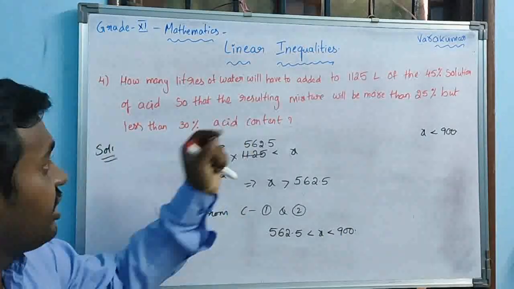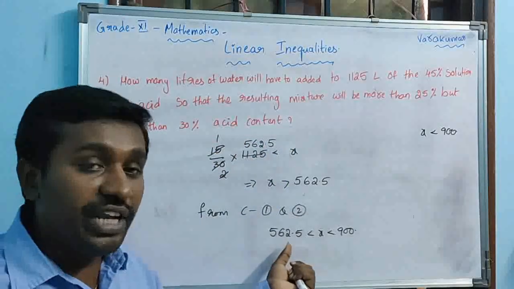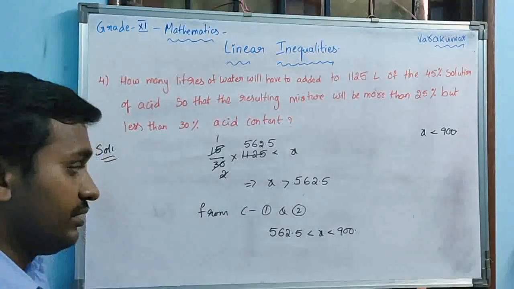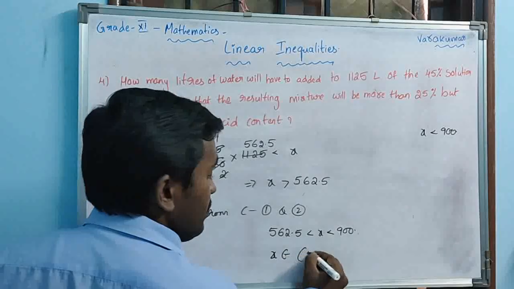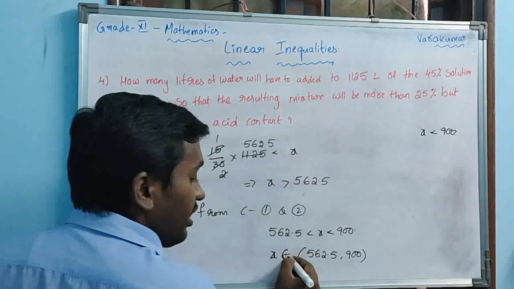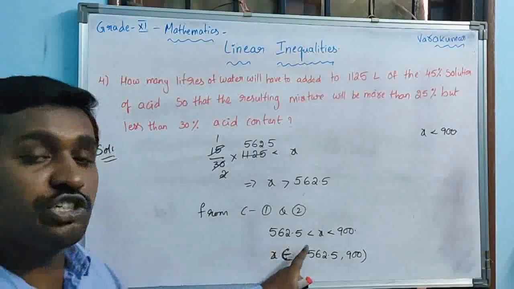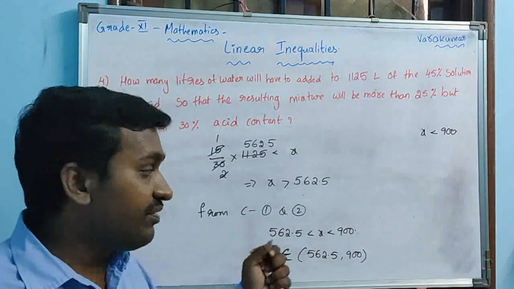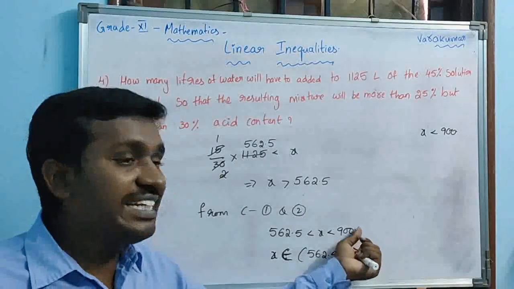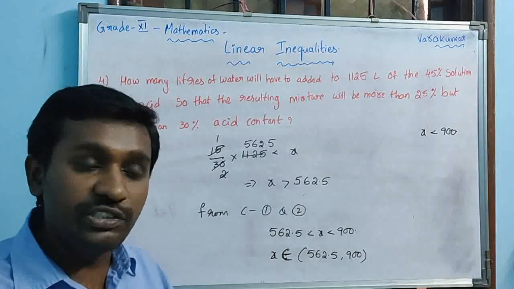So the range of the water is x belongs to (562.5, 900). Both 562.5 and 900 are not included because it is an open bracket. You can take 562.6 or 899.9, but 562.5 and 900 are not included.